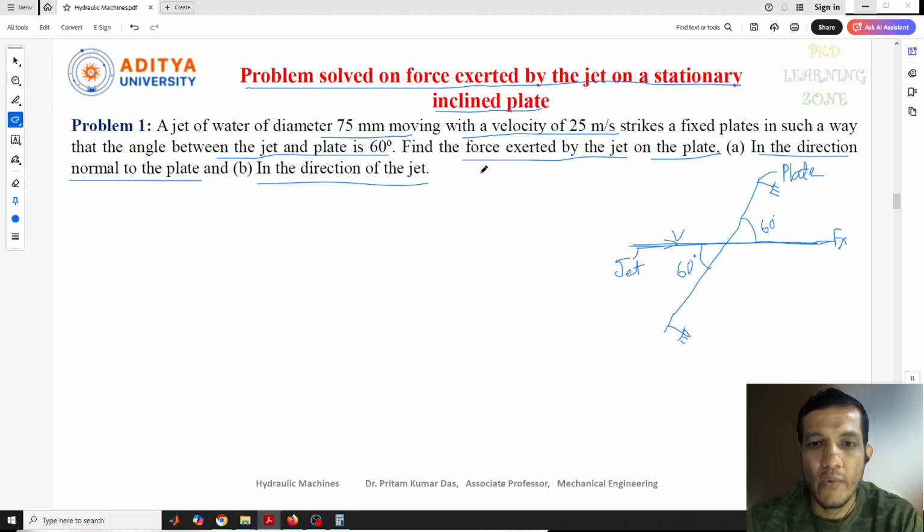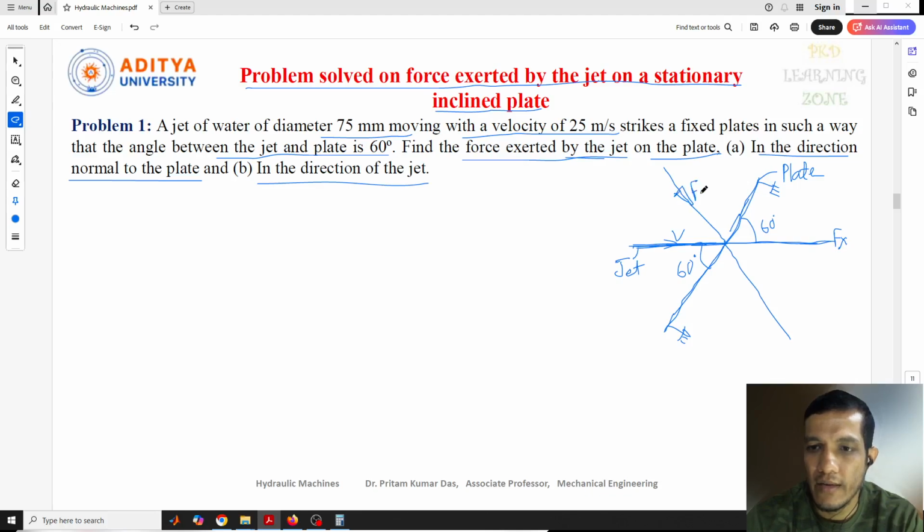So what we need to calculate here is the force exerted by the jet. So this is the jet of water. What is the force exerted by the jet on the plate? And by two methods. First one is the direction normal to the plate. So this is inclined. So normal to the plate means we need to draw a perpendicular, this one, and similarly we can draw here also. So this is normal to the plate.